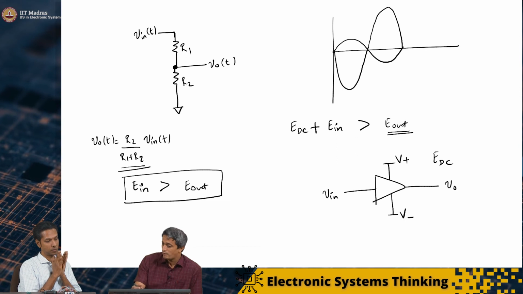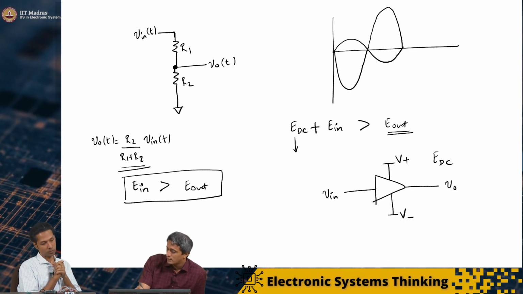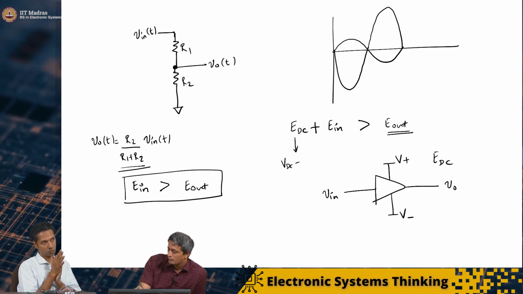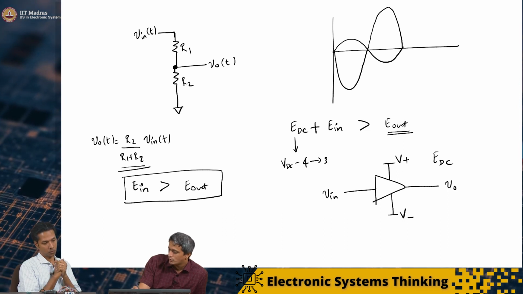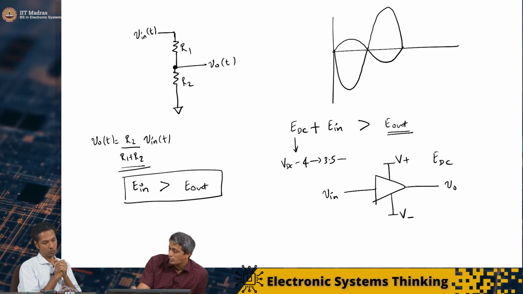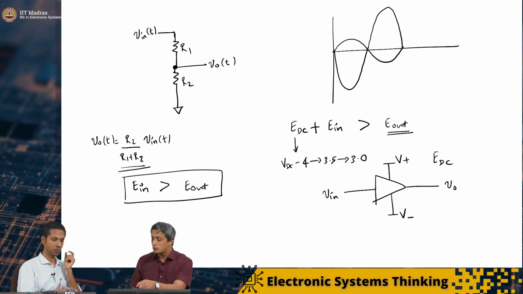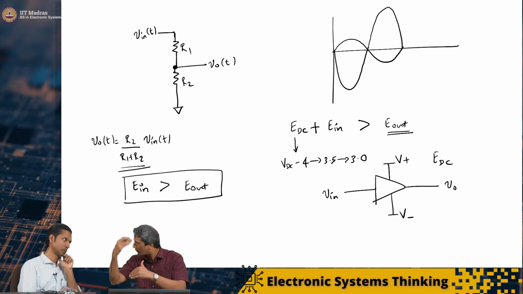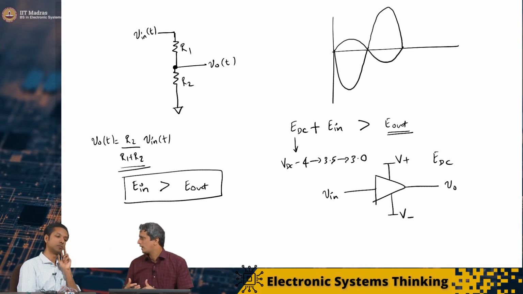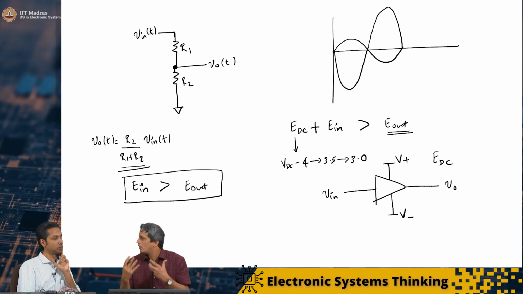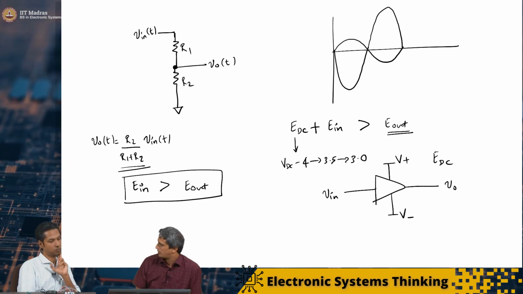And that's why when we started lowering this VDC, from 4 to 3.5, to 3, we also saw that the amplitude of that sine wave started clipping earlier. Essentially, the DC supply is not able to provide that energy.